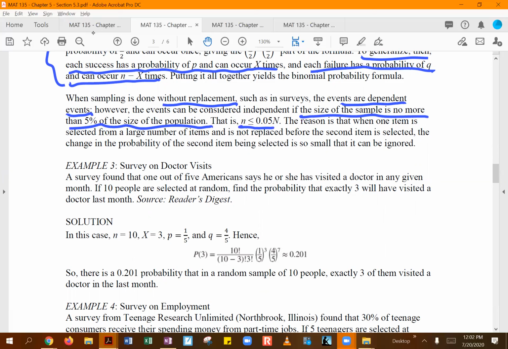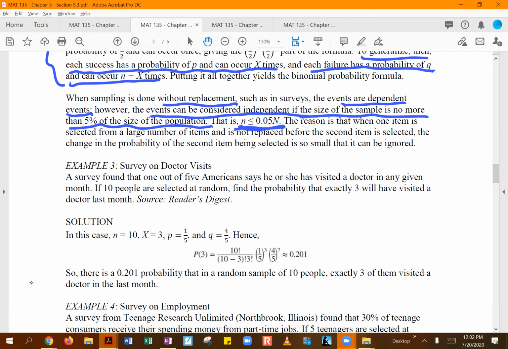So we're basically saying your sample size will not be greater than 5% of your population size. So it can be 5% or less than 5% of the population, but not more than that. So when sampling is done without replacement, these events can be considered independent if your sample size is not more than 5% of the population.